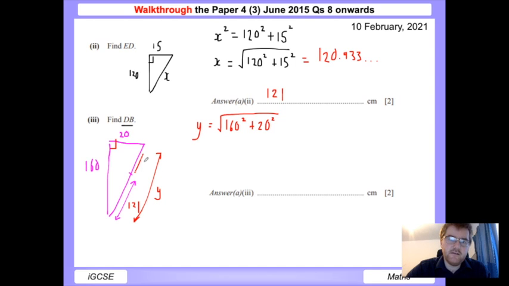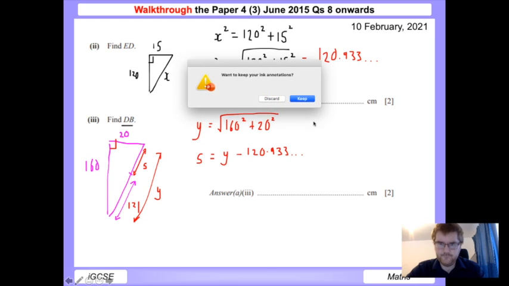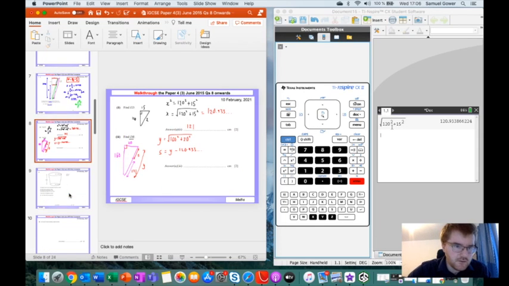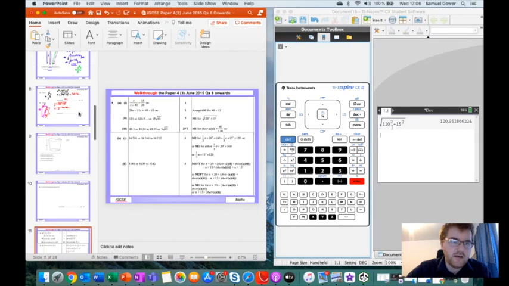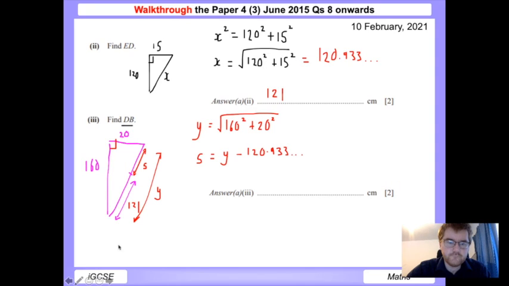Okay, and then to work out this length, let's call that s. So s is going to be y minus that 120.93 from before. And I will just skip to the answer at this point. So if you do that calculation, we then get 40.3, to 3 significant figures.